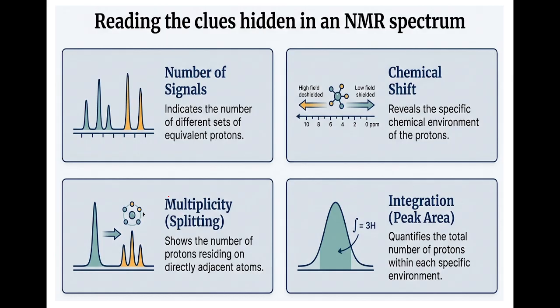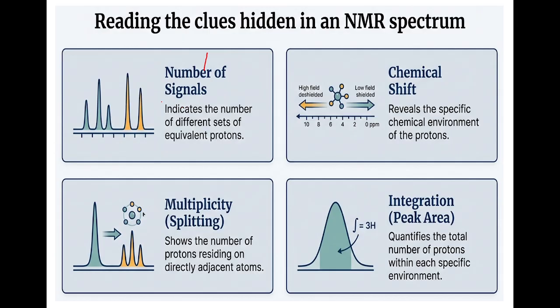Very quick recap. In NMR, whether it is proton NMR or carbon-13 NMR, we have several things that we need to look for. We're going to focus on proton NMR, so nothing today to do with carbon-13 NMR. Therefore, we have four important points.